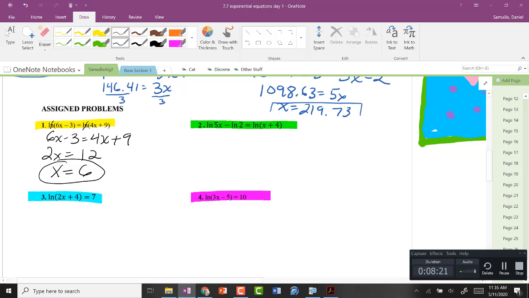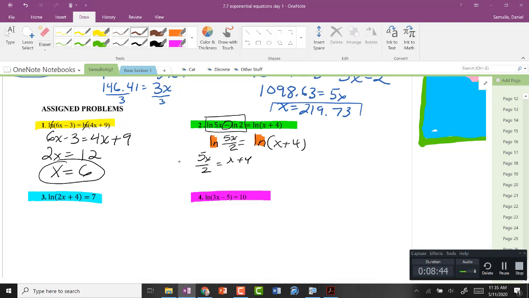Okay. Next one, not 1-to-1. Hopefully you condensed this. It is subtraction. Subtraction condenses to division. So now that it's condensed, I may cancel out these natural logs. So you're left with 5x over 2 equals x plus 4.